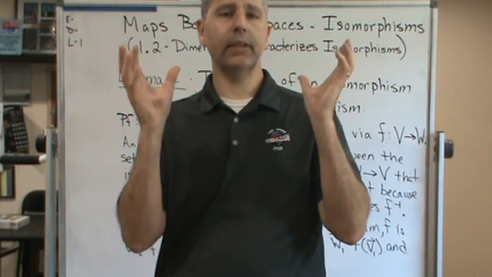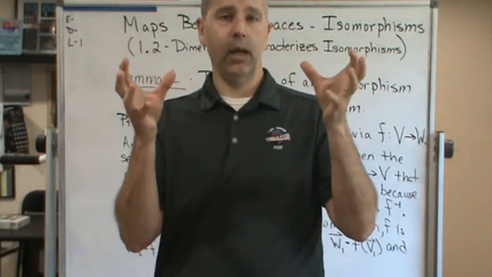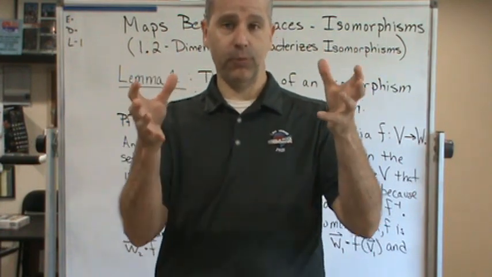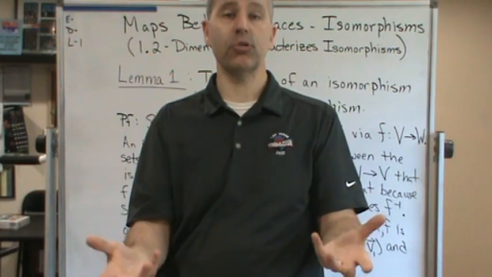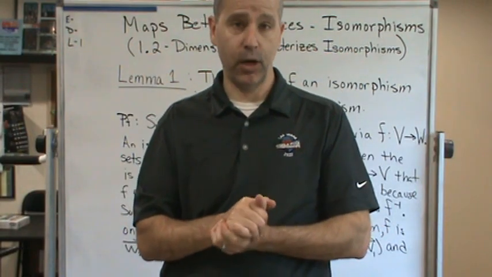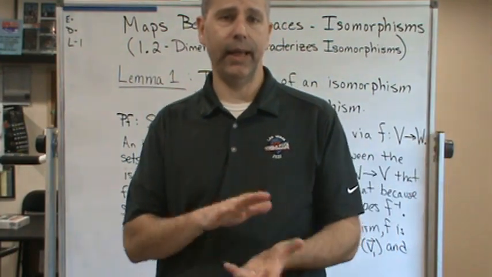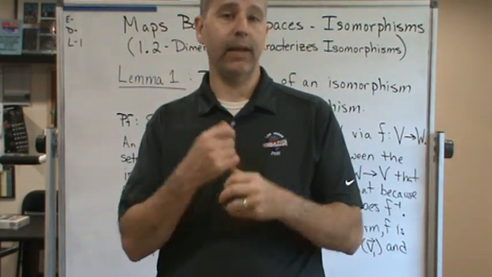In other words, there is a correspondence between these, and we're going to show that it's an equivalence relation. We're going to start by introducing a lemma, lemma 1, and showing that there is a correspondence.